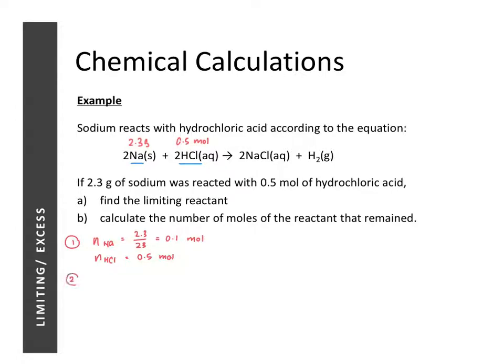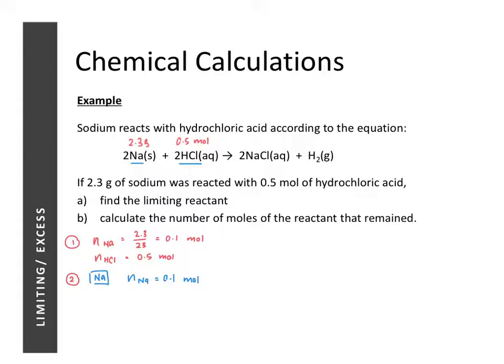Now step number 2, we can pick any reactant that we want. So I'm going to pick sodium first. Later I will show you that we'll arrive at the same conclusion if we pick hydrochloric acid as well. So picking sodium, we know that the number of moles of sodium is 0.1 moles.